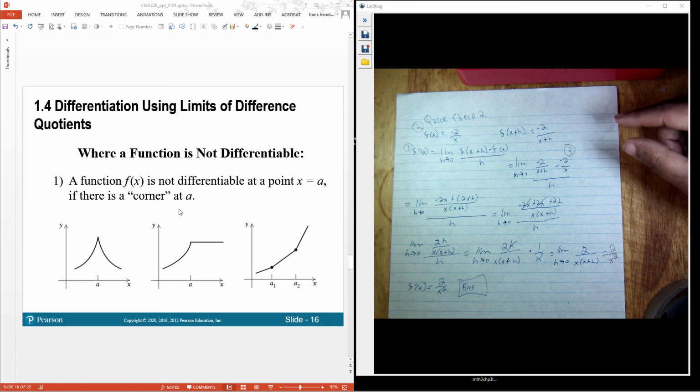Now, when is a function not differentiable? It's not differentiable if there's a corner at that point.